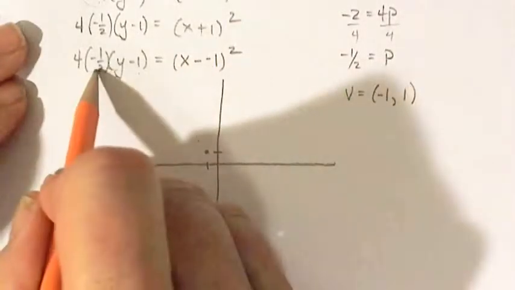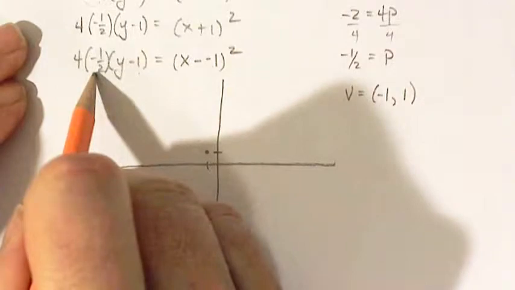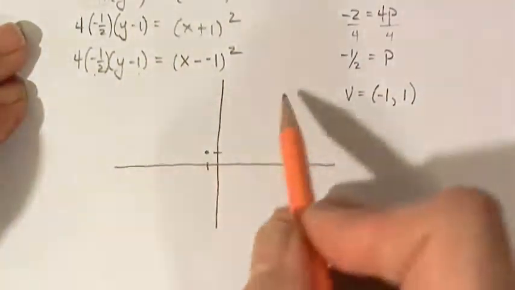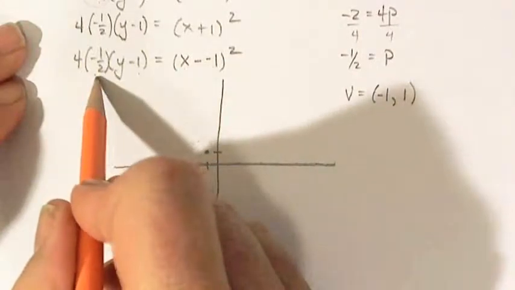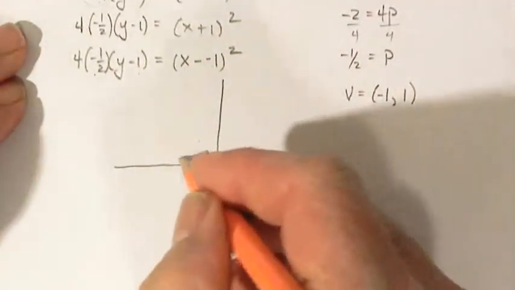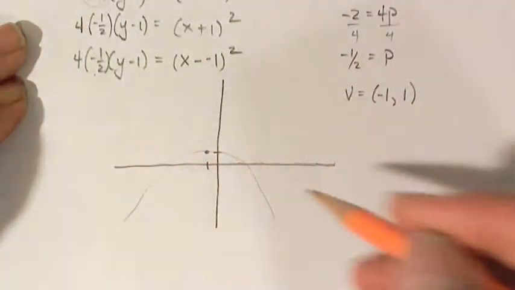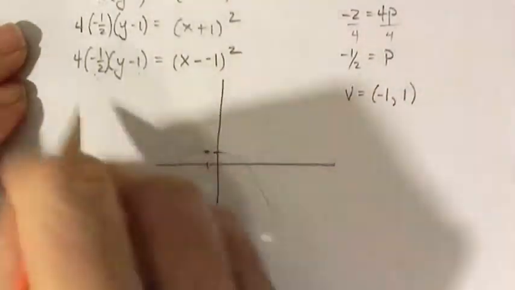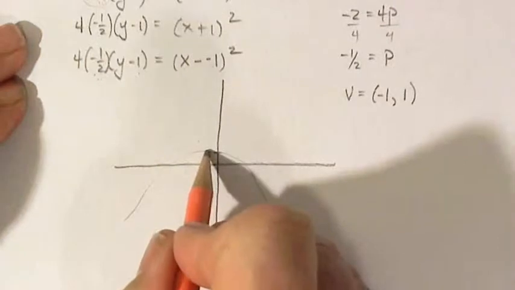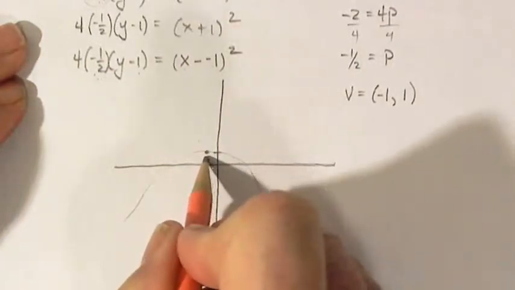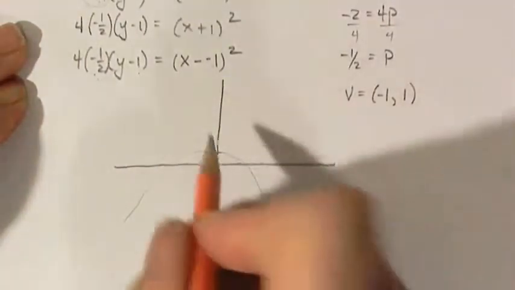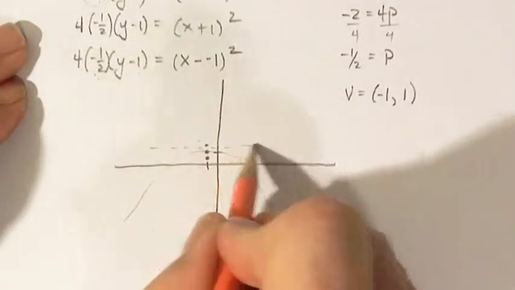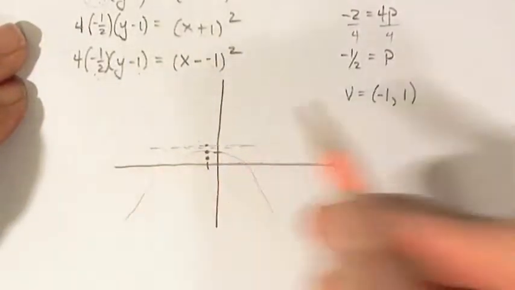This is squared, and the p is negative. So even though the x is squared, and we're thinking it maybe goes this way, since the p is negative, that's really telling you that your parabola goes downward like this. And the focus must be 1/2 a unit below the vertex, right there. And your directrix would actually be up here, above.